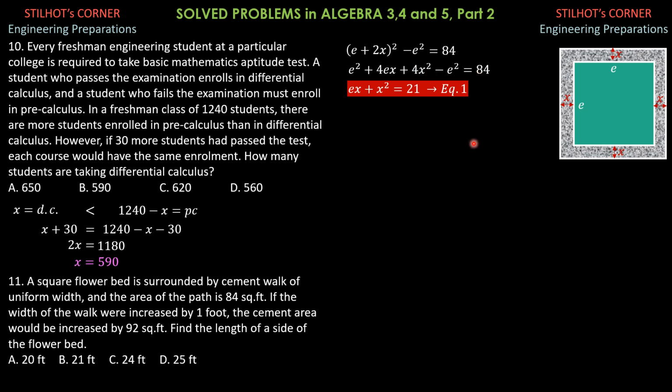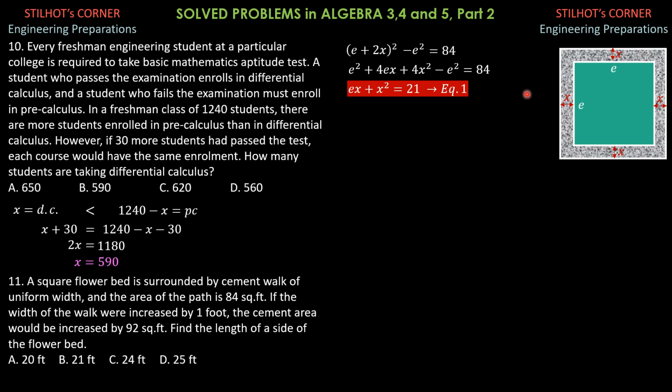Call that equation 1. In the second part, if the width of the walk were increased by 1 foot, this becomes x plus 1. Then the cement area would be increased by 92 square feet. So the total area of the walk would now be 84 plus 92.